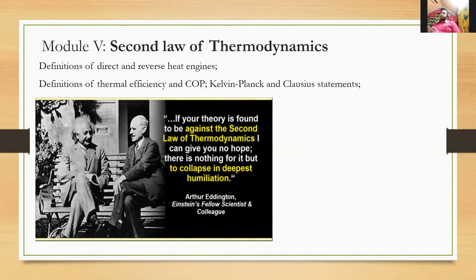If you concentrate on this very sentence, you can understand the importance of the second law of thermodynamics. The second law actually gives you the reality check of each and everything you innovate, each and everything you design. So this actually gives you the direction of reality, whether it's a real thing or unreal thing. So the limitation of design or limitation of reality comes up from this second law of thermodynamics.